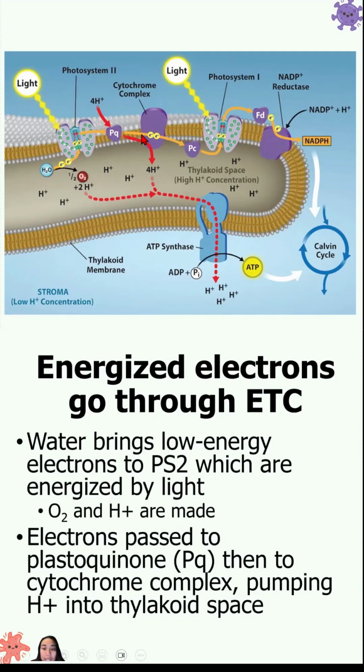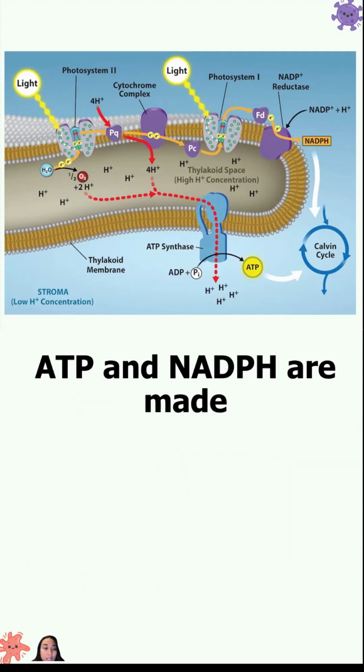As they're traveling to the cytochrome complex, hydrogens are going to be moved into the thylakoid space. So basically what's happening is we are accumulating hydrogens in this thylakoid space. As you can see, it's got a high H+ concentration, and that will be important for later.